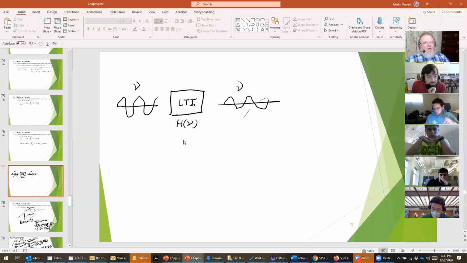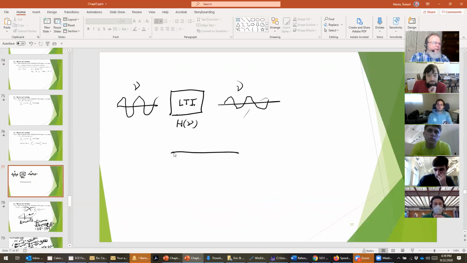If you have a nonlinear device such as an ideal diode, it doesn't have any frequency response. The whole concept is not applicable there, because with a diode, like for a half wave rectifier, you put in a sinusoid, and what do you get out? You get out something like this. And so no longer is it just a frequency of nu, it's a frequency of nu and all of its harmonics, right? Because you've chopped off the negative frequencies.